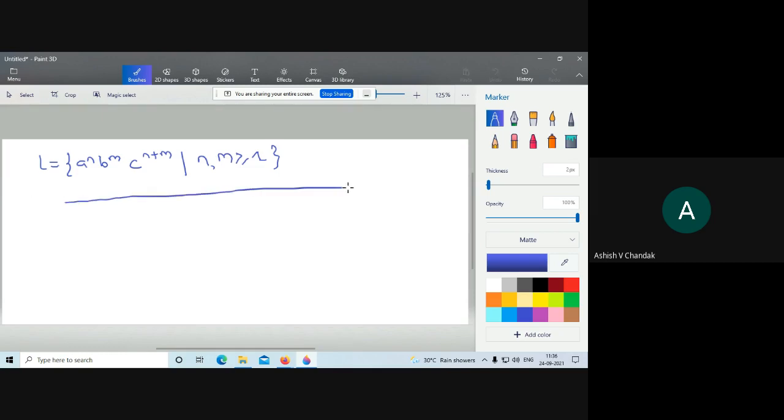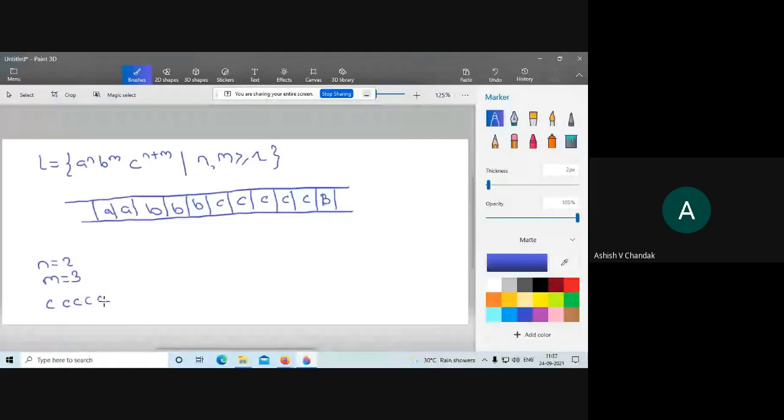Let us say the string is AABBB. If n is 2 and m is 3, there will be 5 Cs.